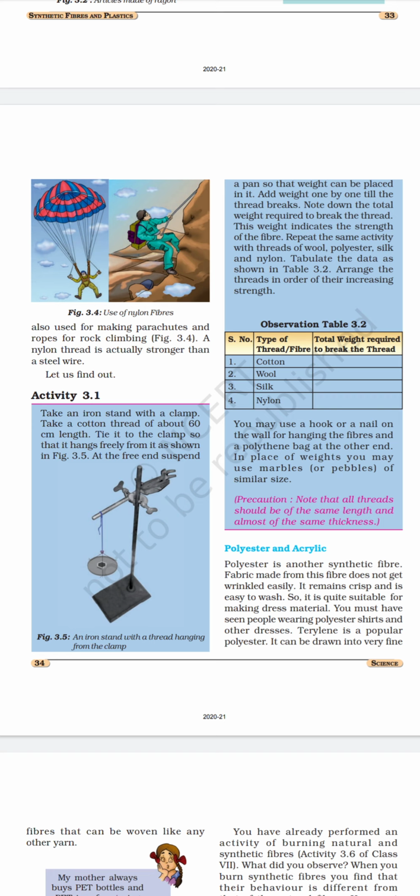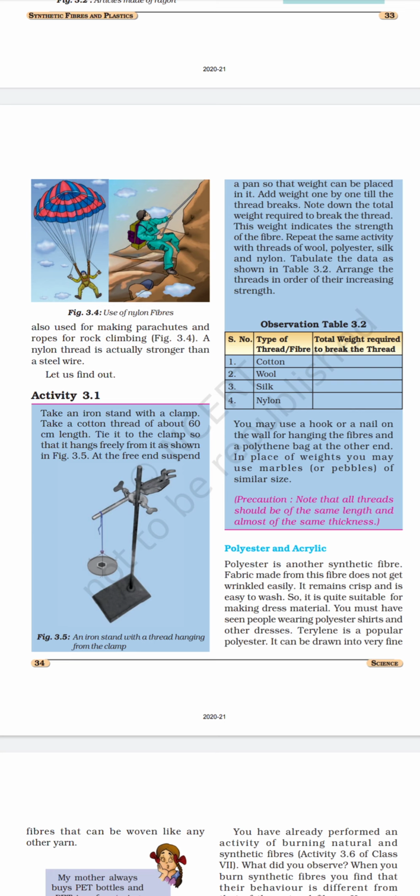Now let's see some of the characteristics of synthetic fibers. And after seeing the characteristics, I will explain an activity also which will make you understand the strength of synthetic fibers. So here are some characteristics of synthetic fibers. The first one is they are very strong. Second, synthetic fibers are more durable. Third, synthetic fibers absorb very little water.